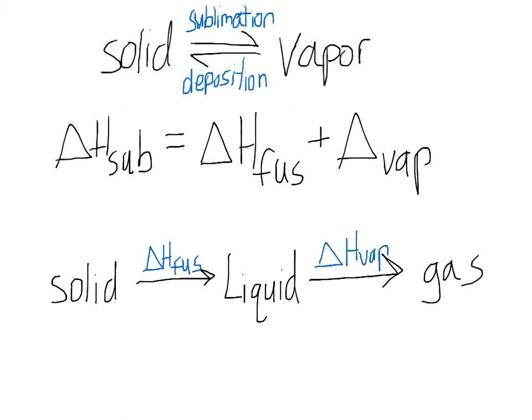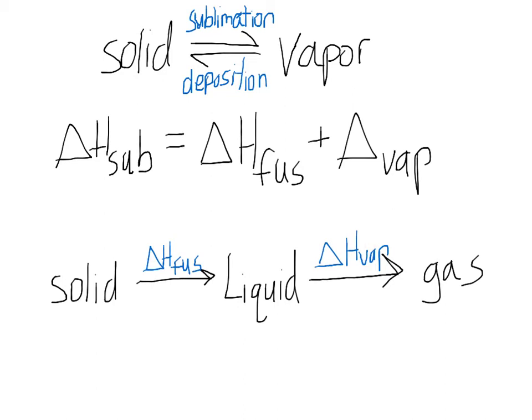Say we have, of course, the same substance, and say we had 1 mole of solid, and we're going to take it to a liquid. We would have to supply a certain amount of energy, which equals the enthalpy of fusion. And then to take that same liquid to the gas, that will be the enthalpy of vaporization.